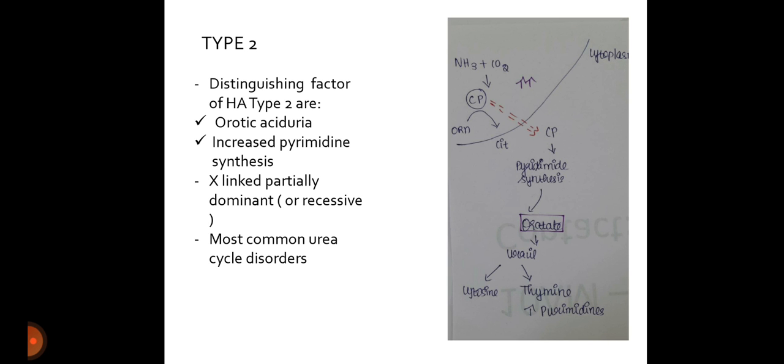There will be an increase in pyrimidine synthesis, because cytosine, thymine and uracil are all pyrimidines. It is X-linked, partially dominant and partially recessive. And the most common urea cycle disorder is type 2 hyperammonemia, which is 40%.